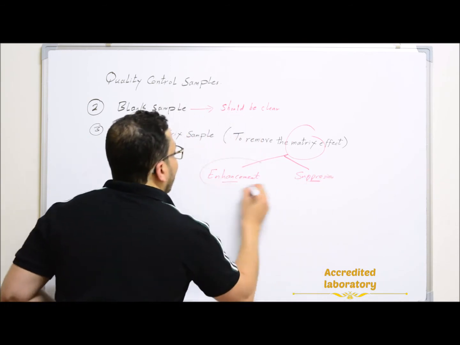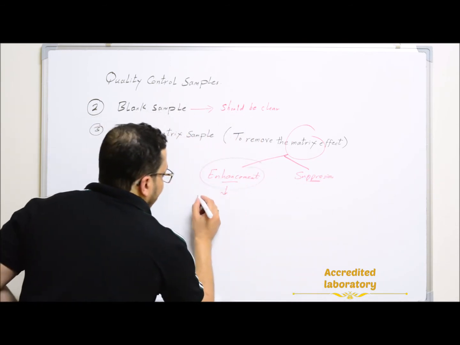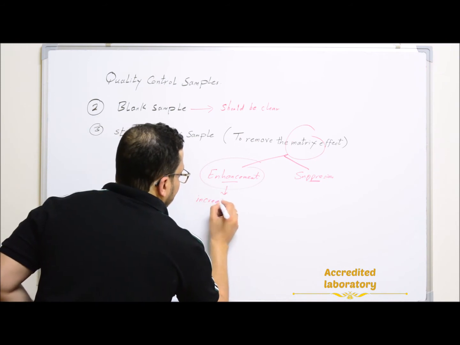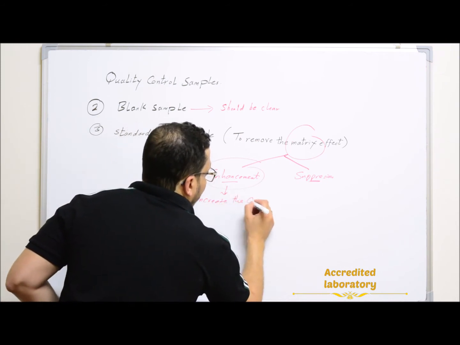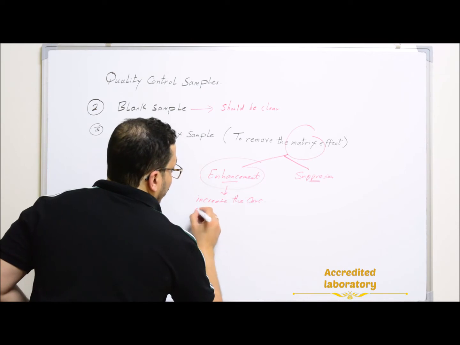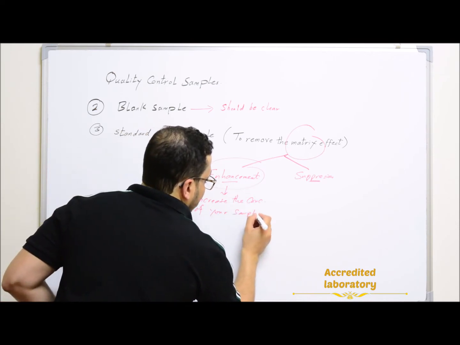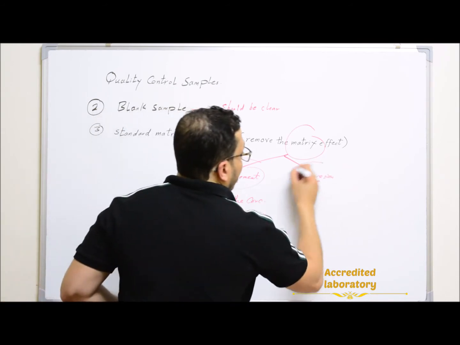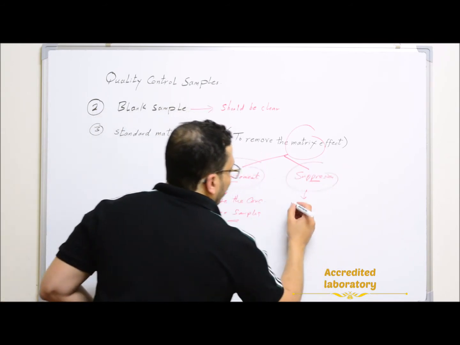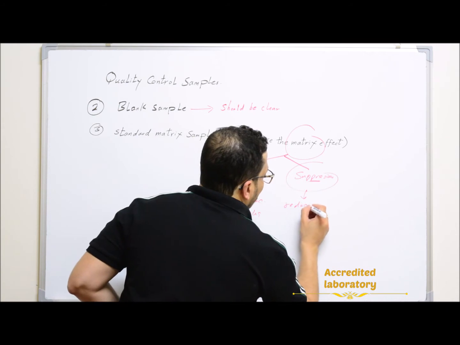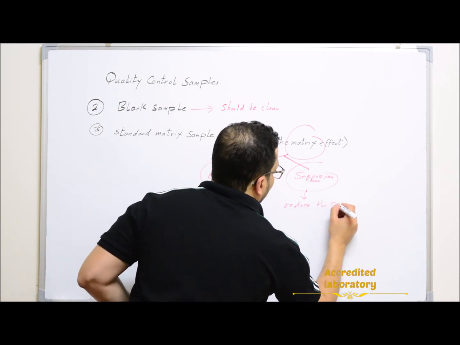Enhancement means it increases the concentration of your samples, or suppression means it reduces or decreases the concentration of samples.